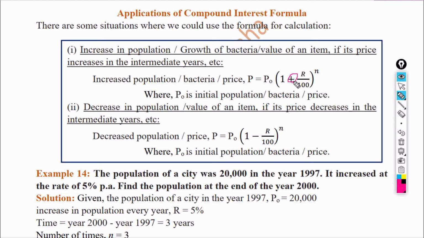In case of a decrease, a downfall in population, or in price, for example if anyone buys a bike for 1 lakh and sells it after a year, he will get less money. That is called the rate of depreciation. In that case we use the minus sign.